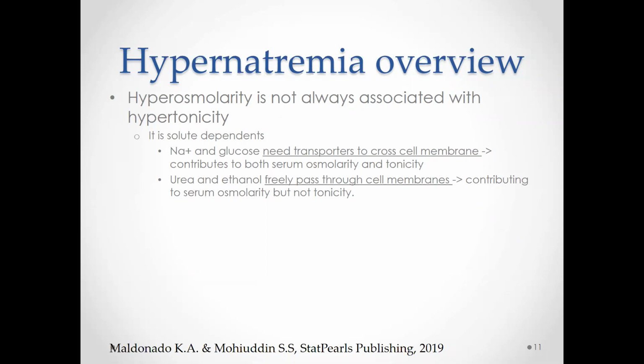In the case of, let's say, urea or ethanol, these solutes cross pretty freely. So it raises the osmolarity as a whole, but it does not cause a tonicity change because the solute just seeps in and out of the cells, and the cell doesn't change its size.